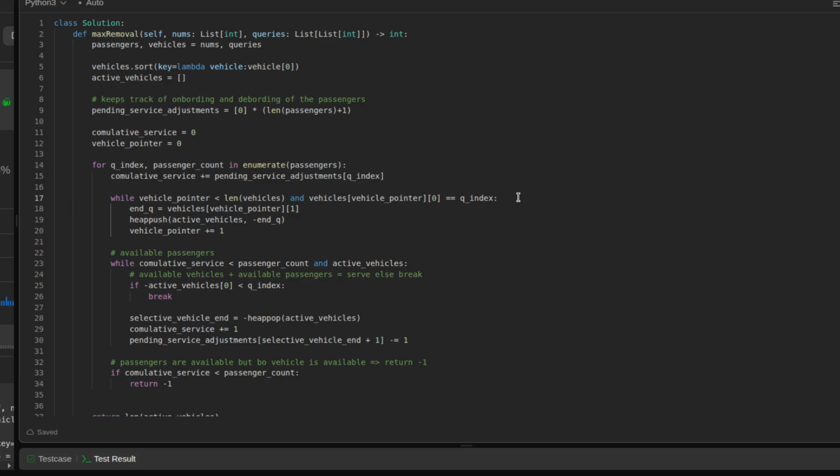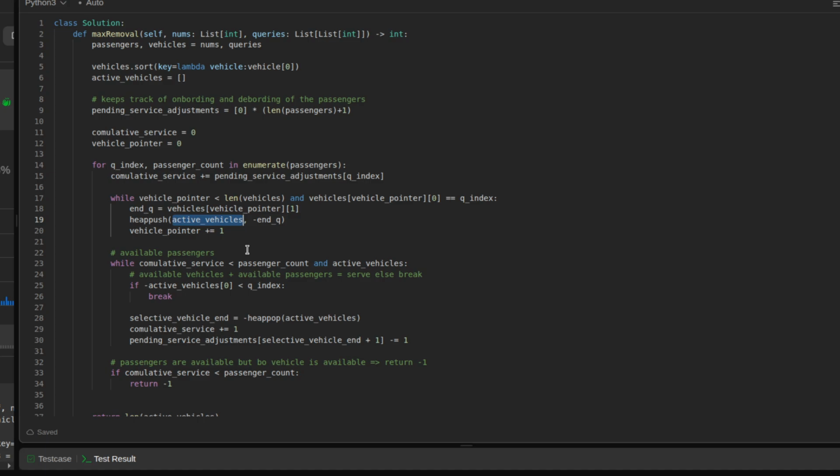So what I will be storing in the available vehicles is the end point of those 5 vehicles, right? So that I can serve the maximum customers, and I will be storing it in the form of a max heap because I have put a minus here.